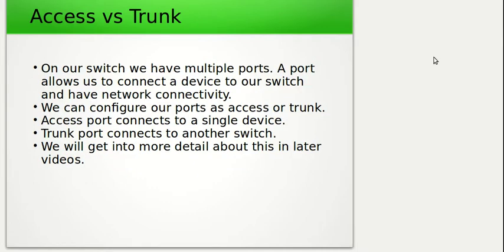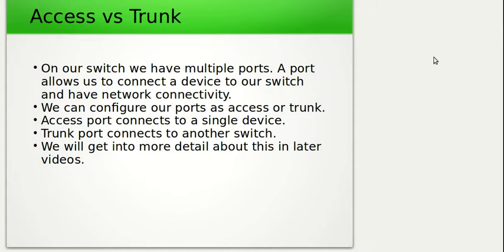So when we're configuring our switch, there are two types of devices that a switch can connect to. A switch can connect to another switch or another hub, or a switch can connect to another set of devices such as routers, PCs, and print servers.